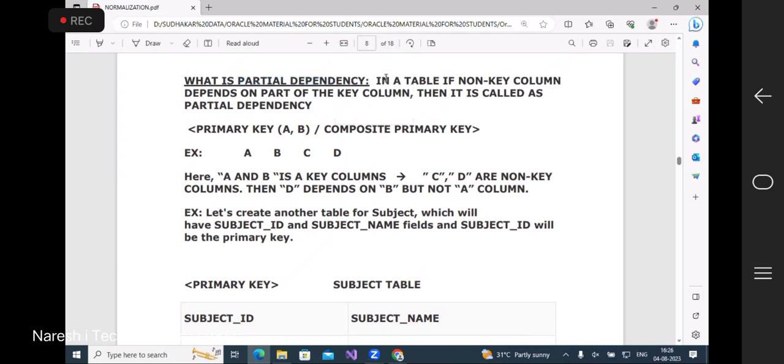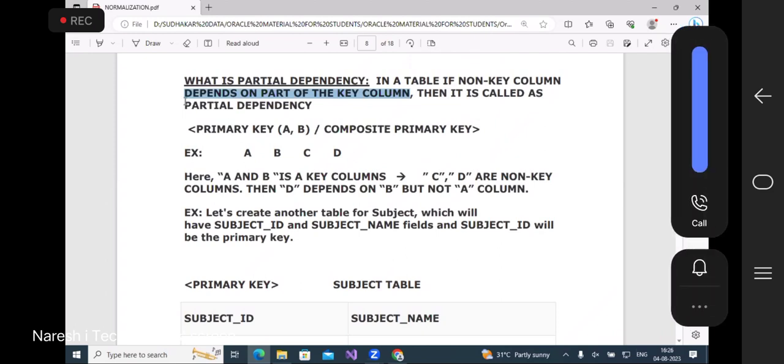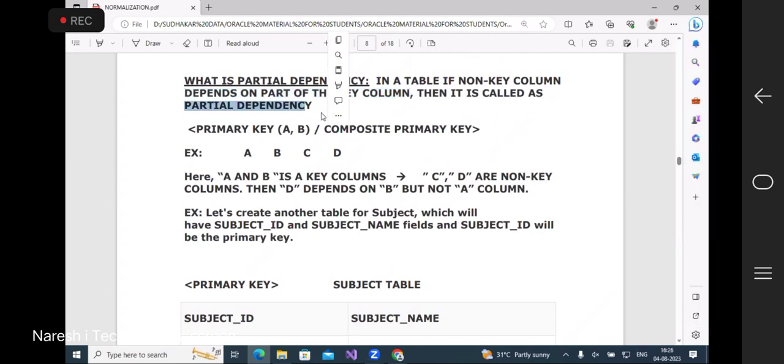In a table, if a non-key column, non-key column means non-primary key column, depends on a part of the key column, it's not the key column, it's a part of the key column. When non-primary key columns depend on a part of key columns, then we call it partially dependency.